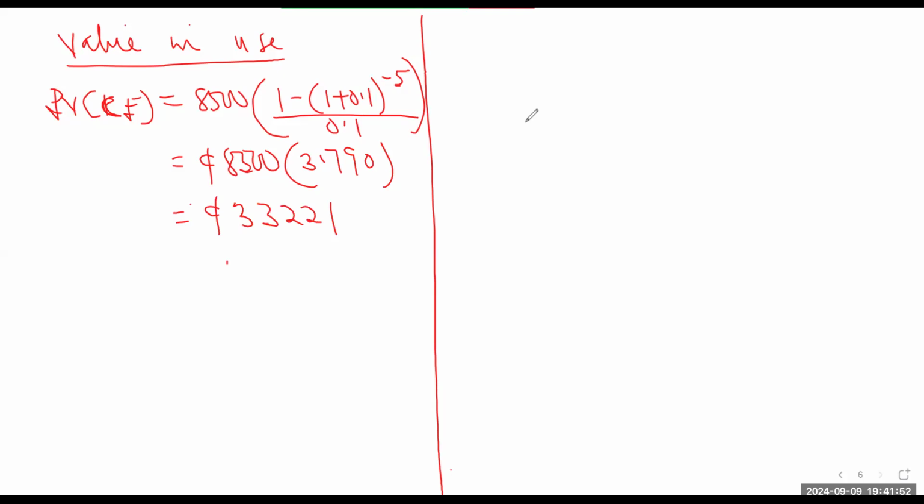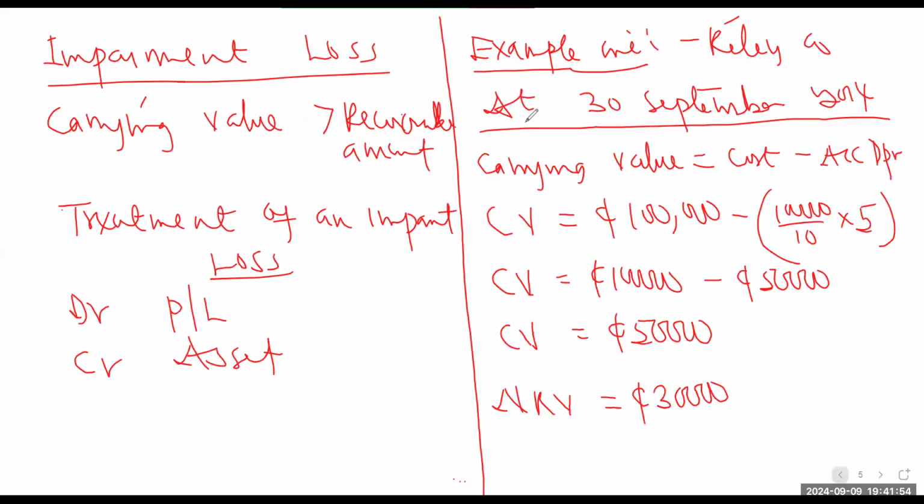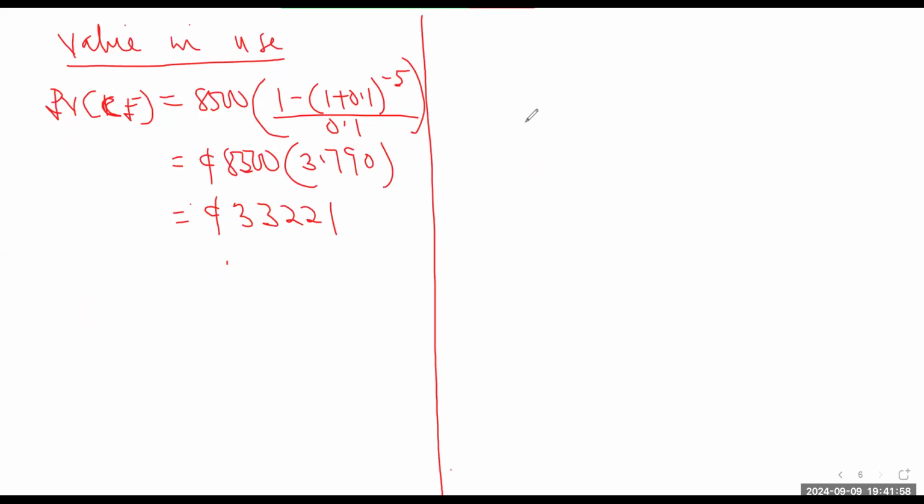Okay. So what will be our recoverable amount now? It's 32,215. It might be because of the approximation that you are doing. If you are calculating, your annuity factor or your discount factor should always be to 3 decimal places. So let's see whether it will be 33,221.